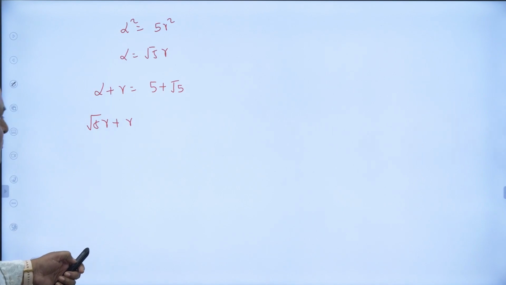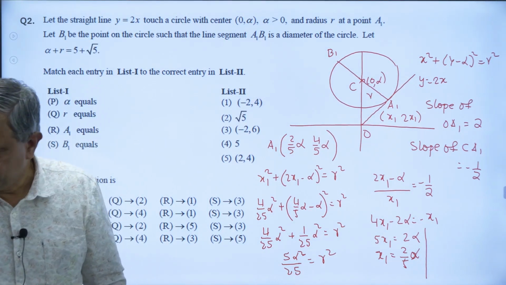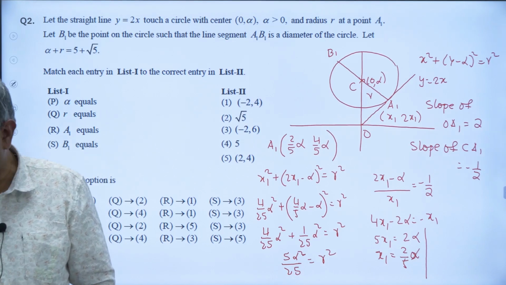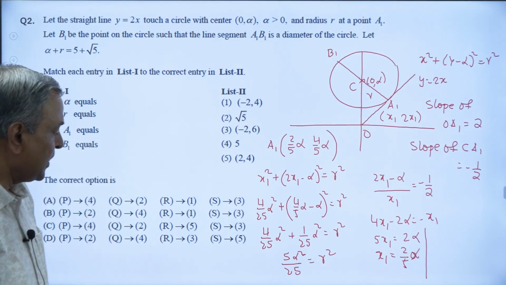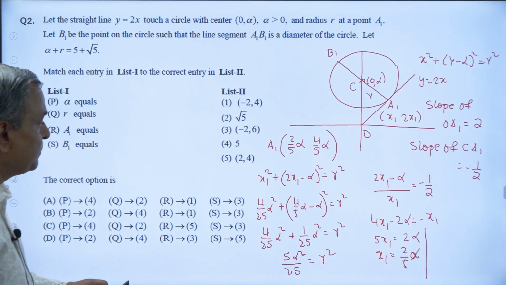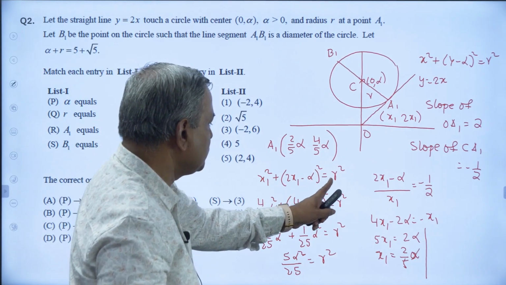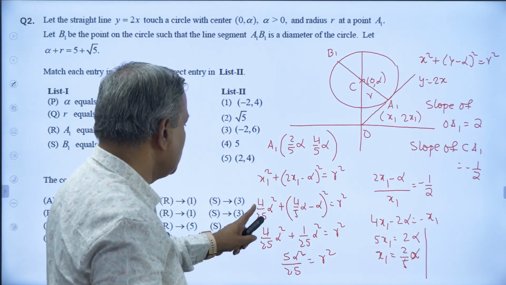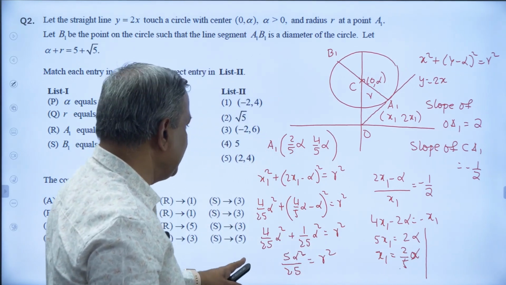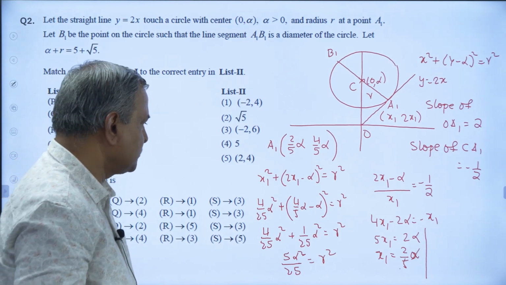Alpha plus r is 5 root 5, so 5 root 5 by 2 must come. Let me check anywhere we made a mistake previously. So x1 square plus (2x1 minus alpha) whole square is equal to r square. Okay, x1 square we got as 4 by 25 alpha square.